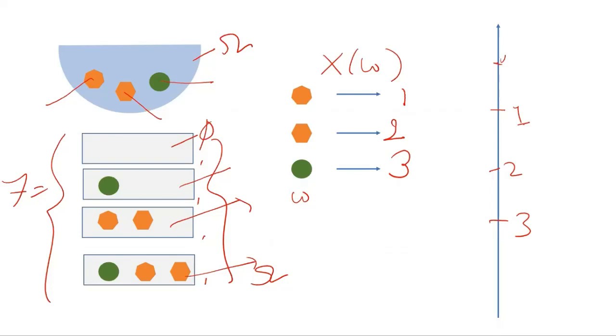Now, to be able to say that this is a random variable, we must make sure that every possible Borel set has a pre-image in F. Why that is important will also be clear in a few minutes.